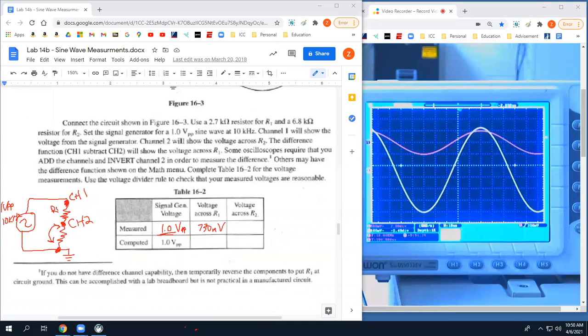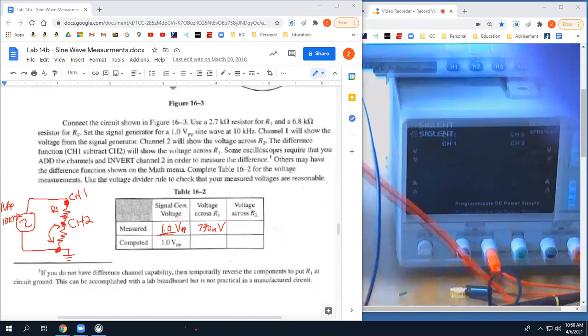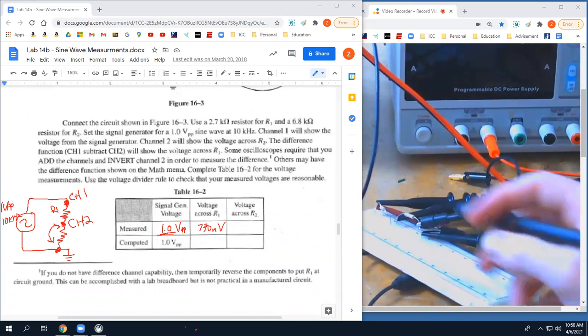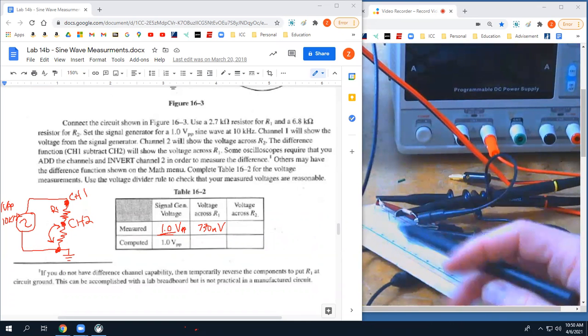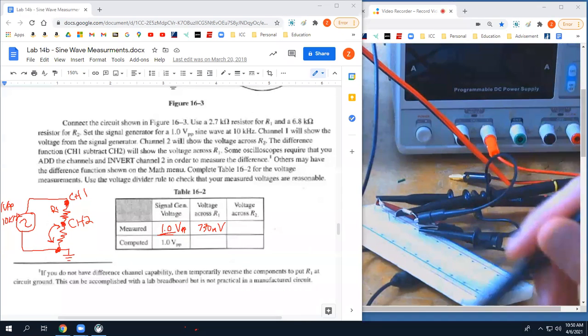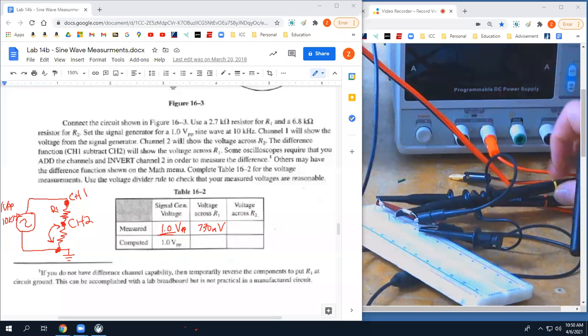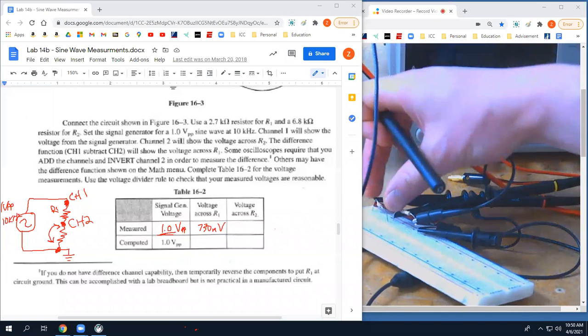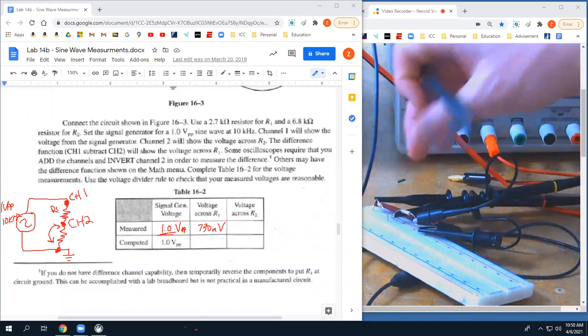So how do we measure the voltage across R2? That would be computing it. But if we actually wanted to see it across the screen on our breadboard, we would have to flip the two resistors around, because you can't just take your channel 2 and measure across it like you would with a multimeter, because your grounds would get all weird.